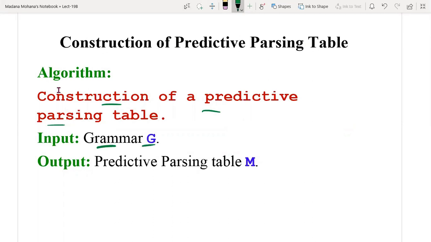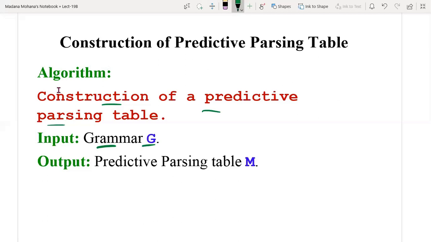Whenever you are constructing the predictive parsing table, you can recall these very important restrictions. The grammar does not contain ambiguity. The grammar does not contain left recursion. Then the grammar should be left factored.